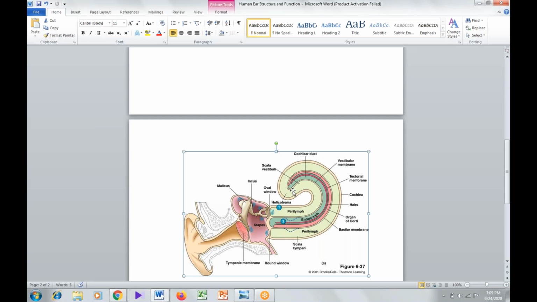When you move up and down or sideways, the fluid moves from one place to another. The cilia also start moving with the fluid, and when the cilia move, they send electric impulses to the brain.